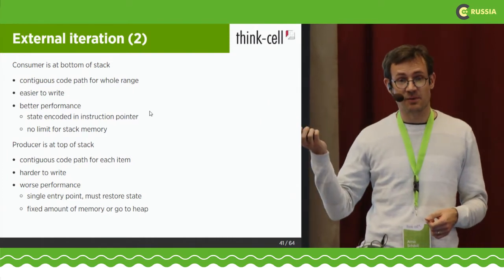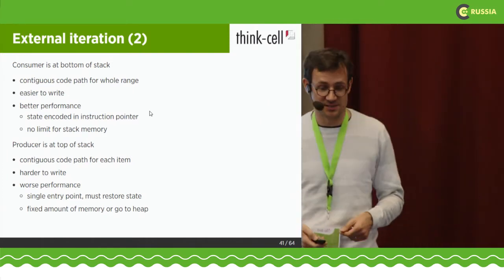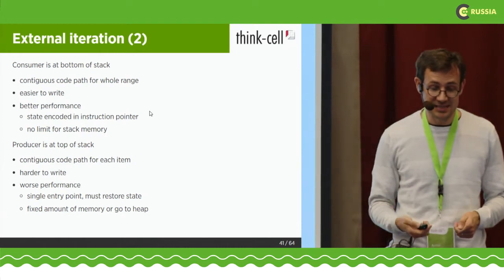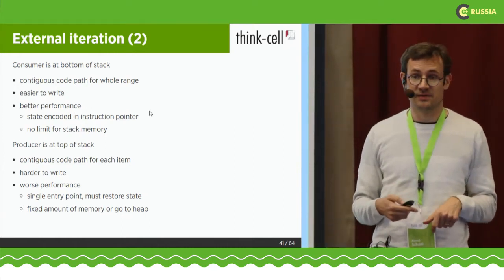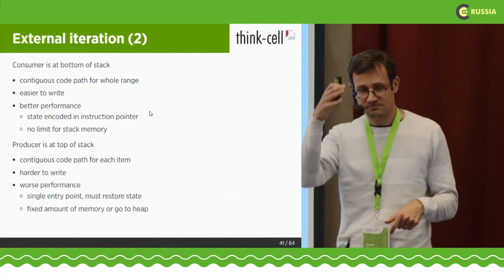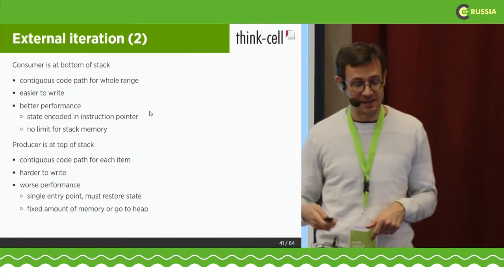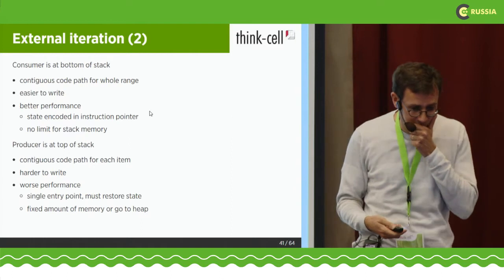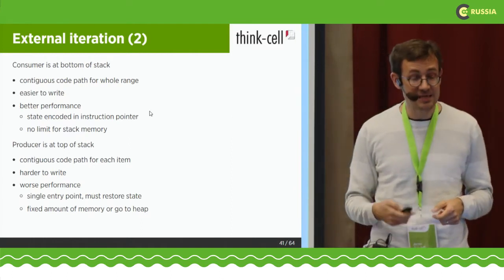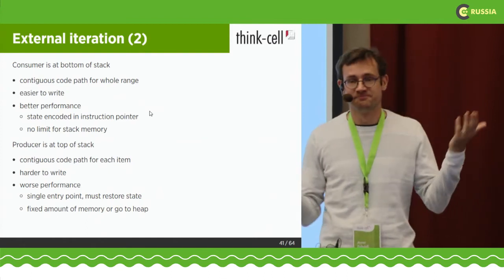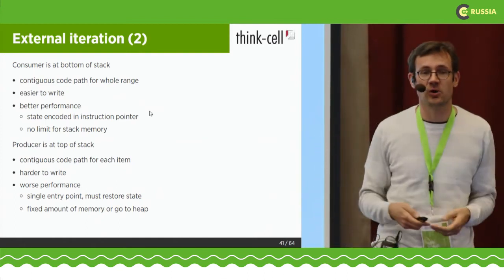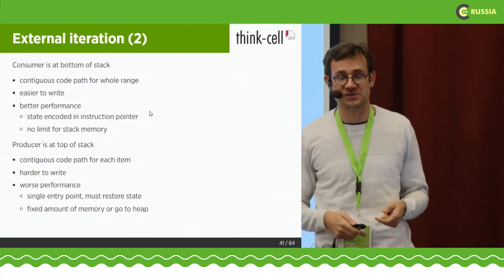For the producer who's at the top of the stack, so if you're writing an iterator essentially, it's different. Your contiguous code path is only for the single item. When you're going to the next item, you have to return, and then you get called again. It's harder to write these things. Imagine you have to traverse a tree. It's pretty trivial as a contiguous code path. You just make recursive calls.